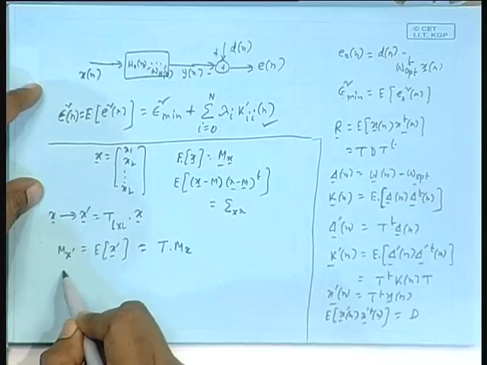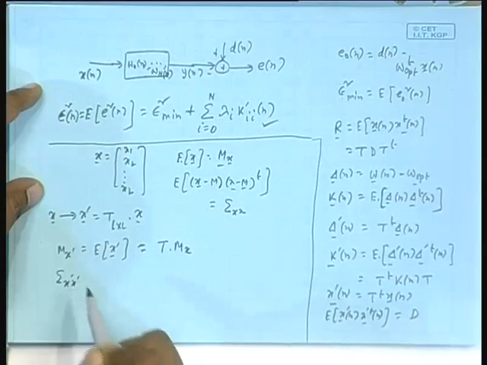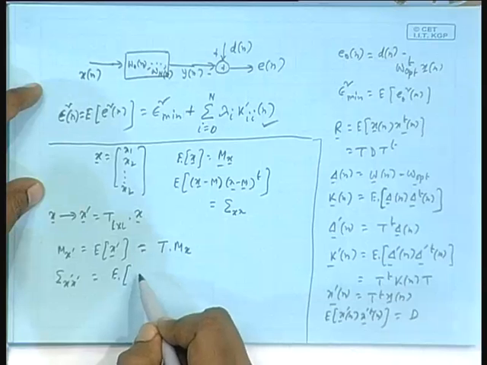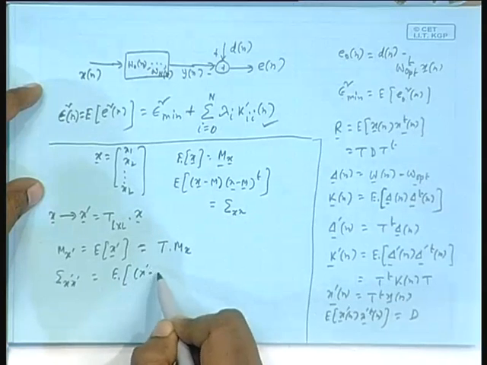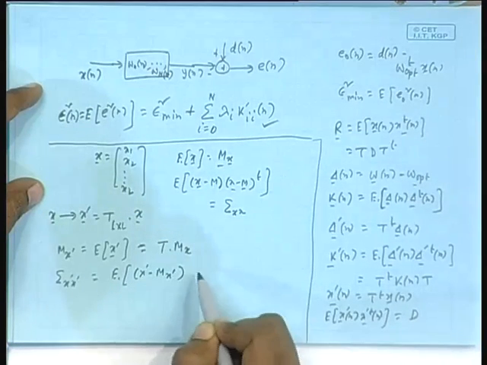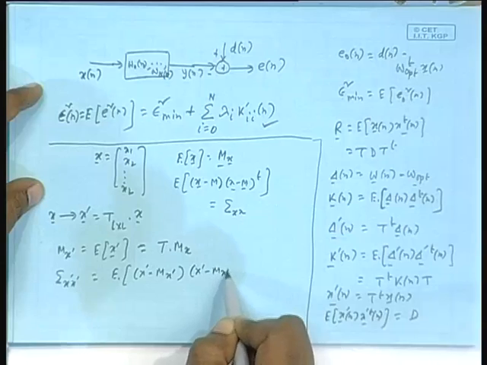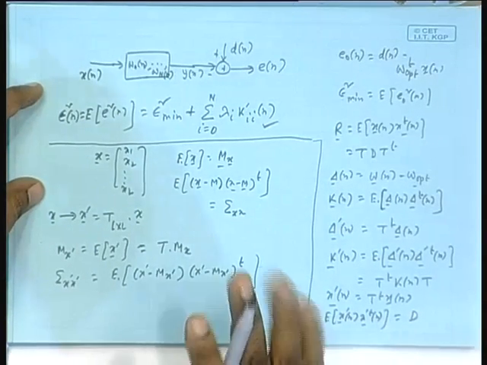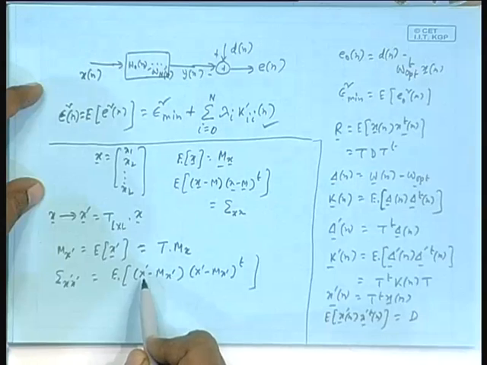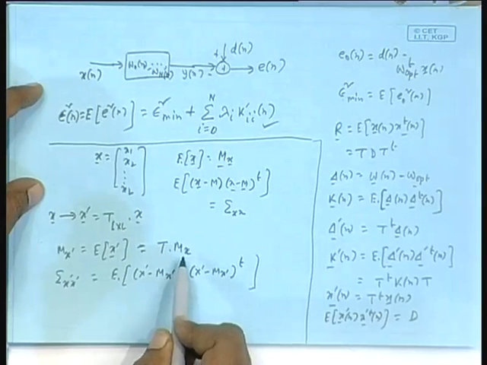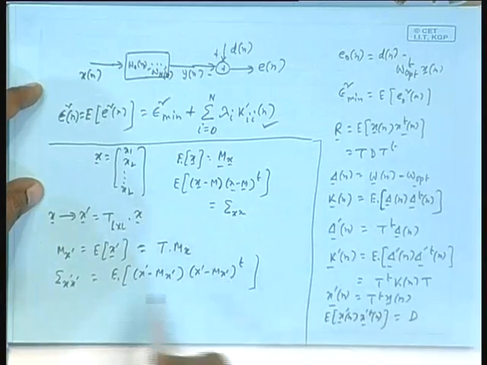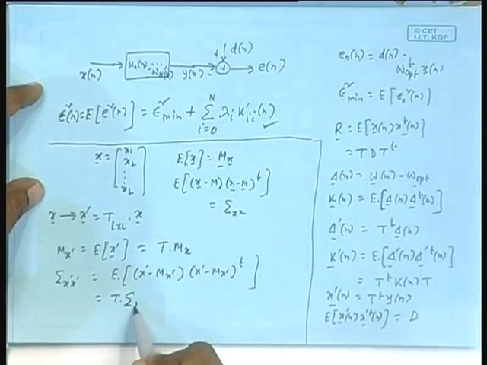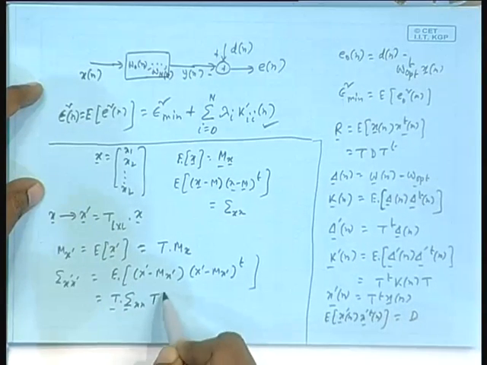And what is sigma_xx prime? That will be E of (x prime minus m_x prime)(x prime minus m_x prime) transpose, right? You replace x prime by Tx, m_x prime by T m_x, and so on. Obviously, you will get this to be T times sigma_xx times T transpose.